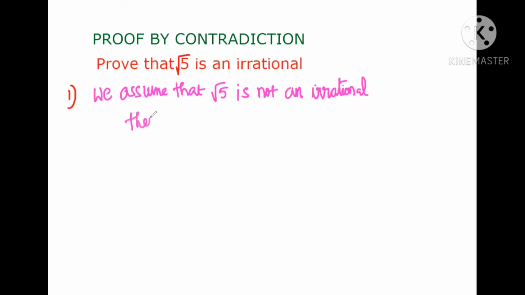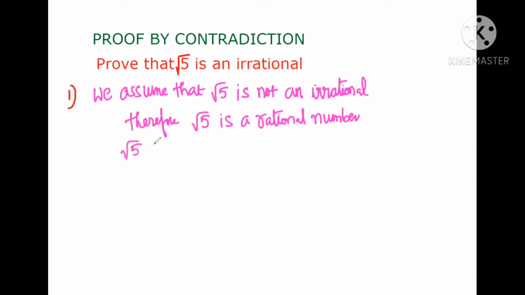Therefore, root 5 is a rational number. If it is not irrational, it becomes a rational number.